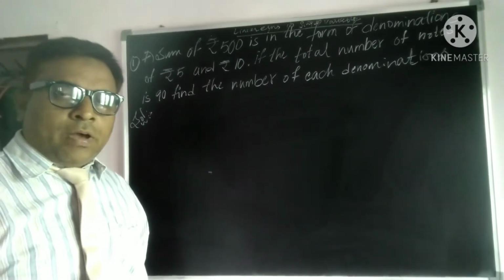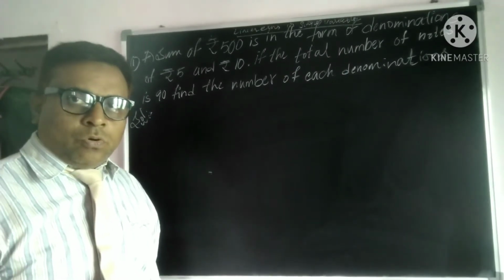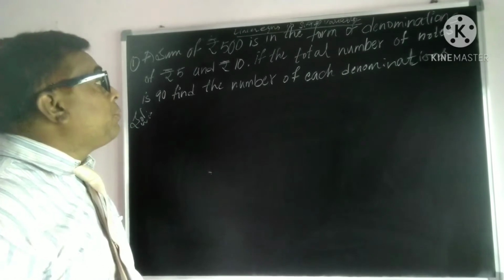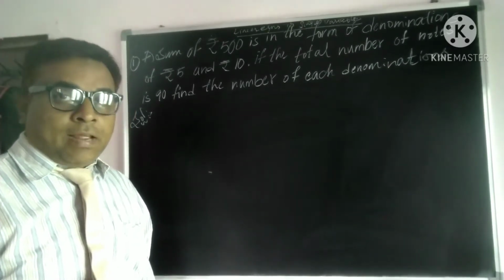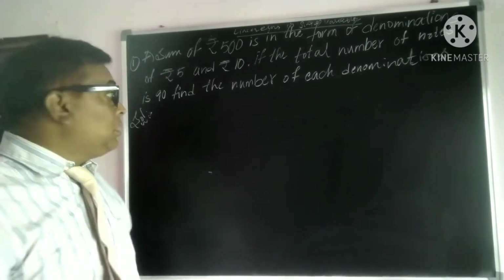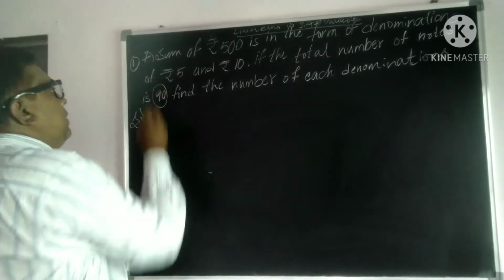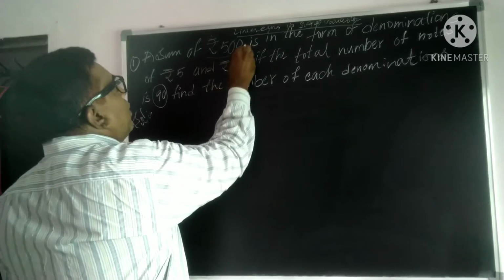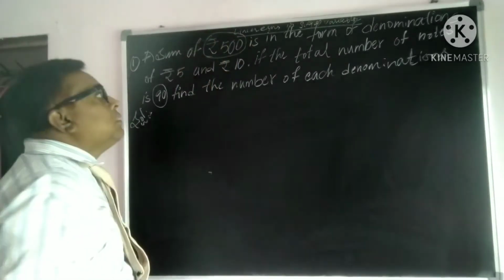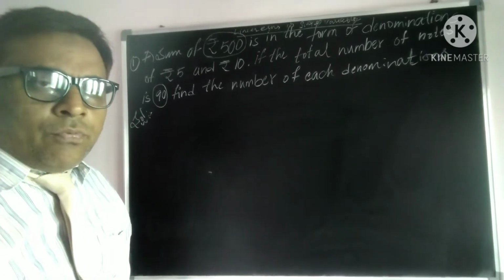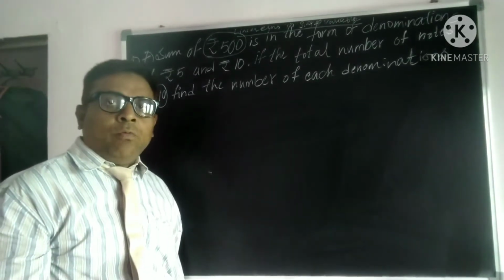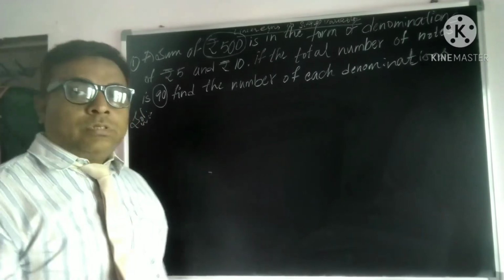So I have 5 rupees notes and 10 rupees notes. The number of notes is equal to 90 and the total value of the notes is 500. I have to know how many 5 rupees notes and how many 10 rupees notes are there with me.